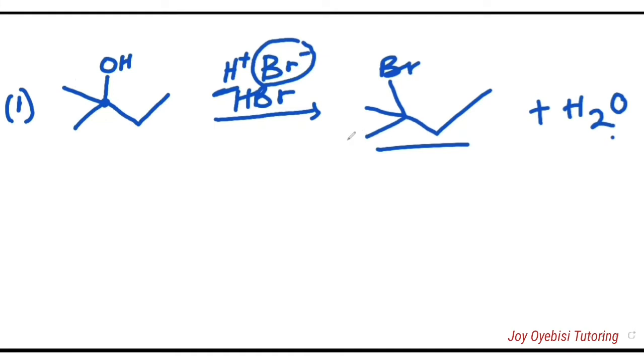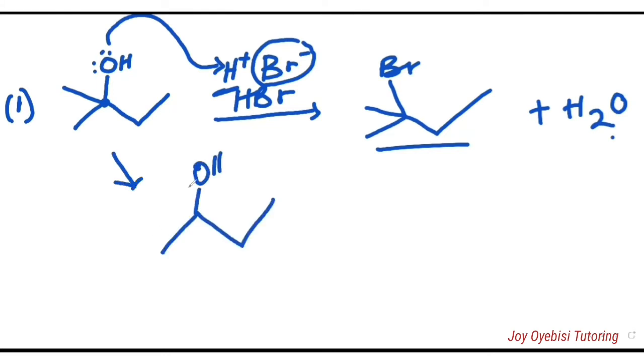Now, in this particular scenario, the first step is making this hydroxyl group a better leaving group. The first thing we need to do would be for it to pick the hydrogen here. So when that H attaches, it becomes a better leaving group. So from here, the substitution reaction mechanism starts.